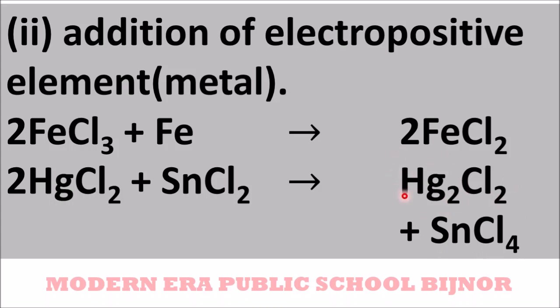Here the mercury becomes two atoms, so it is a reduction reaction because the number of atoms of the metal is increased.